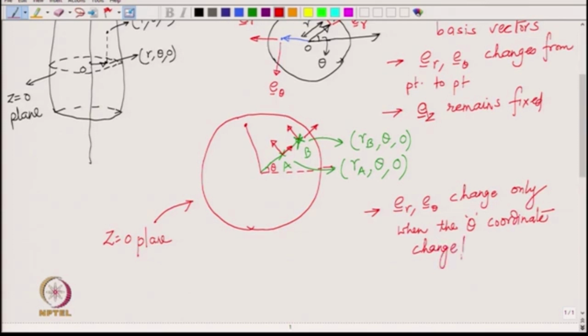Otherwise, it is constant. Alright, so that was a bit about the cylindrical coordinate system. Now, how does a cylindrical element look in this coordinate system? Can you recall that we had a cuboid element whose faces were parallel to the coordinate planes.